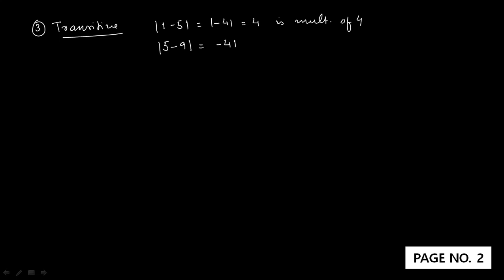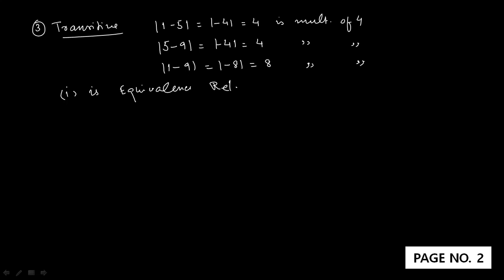This one is again |minus 4| is equal to 4, again a multiple of 4. Now what about 1 and 9? It can be written as |minus 8|. This one is 8. It's again a multiple of 4. It means number 1 is an equivalence relation.